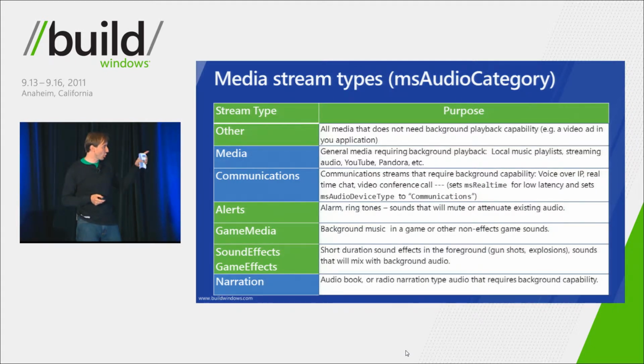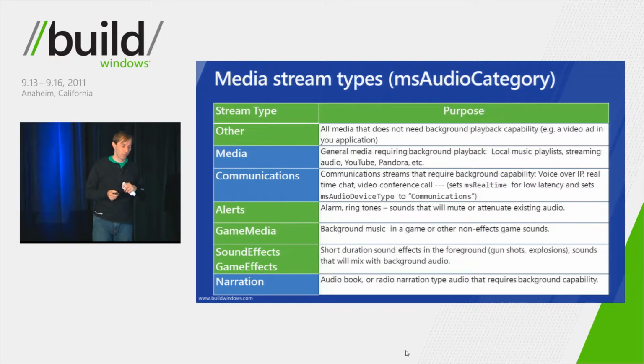What's interesting about communications is that it also has side effects on two other attributes of the media tags. Setting it to communication will also set MS Realtime to true, which will set your pipeline up for low latency. And the MS audio device type will be set to communication.